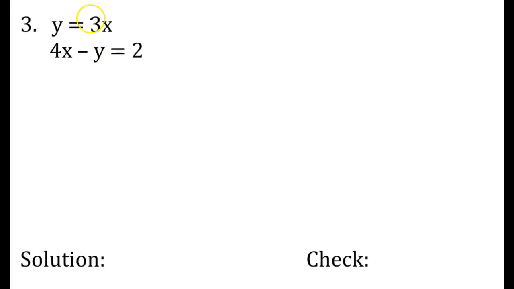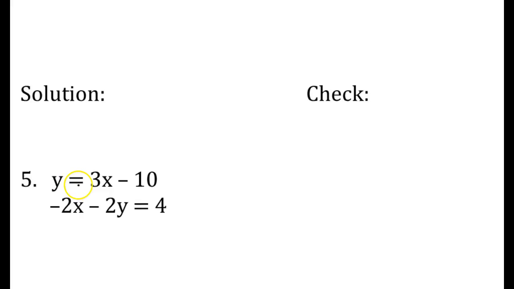Now, you'll notice that I'm using parentheses when I plug things in. That is a good idea because if you're plugging in something with a plus or a minus, you'll find out that you have to do some distributive property. And without the parentheses, your answers will come out incorrect. So these ones, 1, 2, 3, and 4, no big deal.